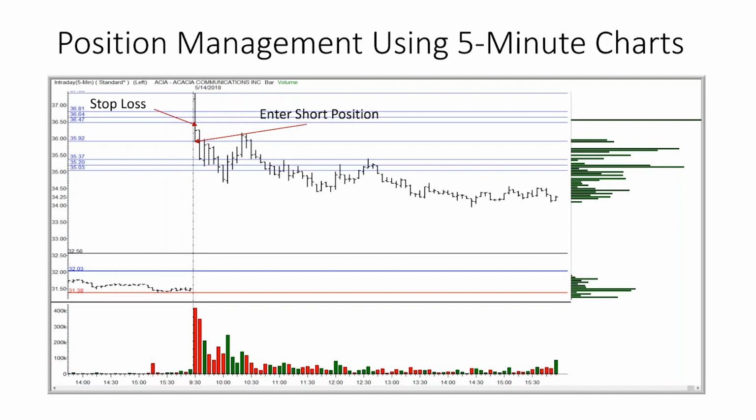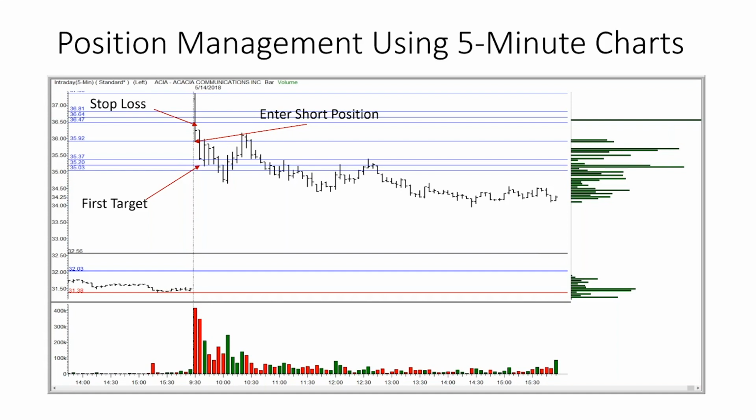I'll use 382, 50, and 618, and then use the expansion correlations for those as well. So 1.382, 1.5, where 1.5 is usually the target, and then 1.618 would be an extended target if you blast through that first target. So that's how we manage the positions on these.